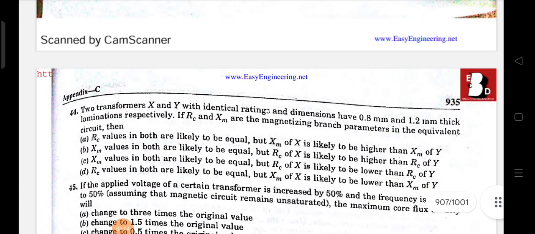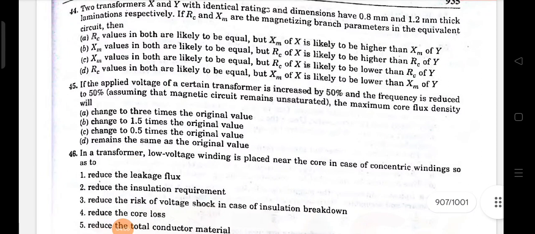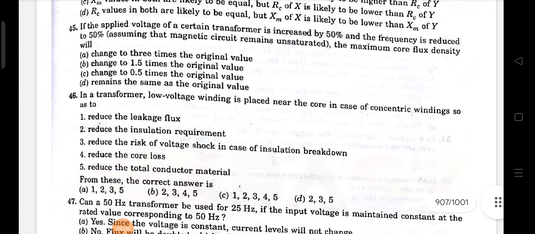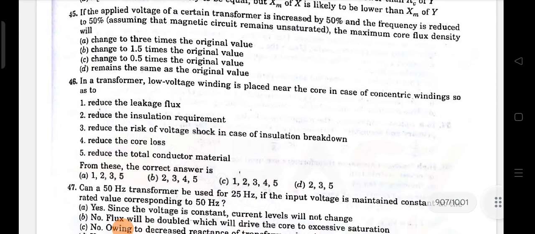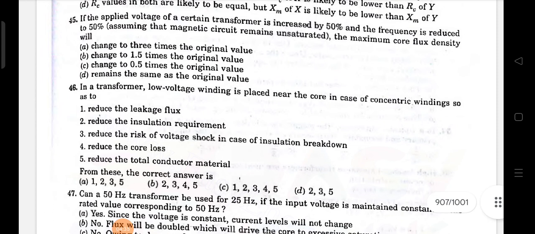Next, 44th question, direct theory question, you can read it. Next, 45th question. If the applied voltage of a certain transformer is increased by 50% and the frequency is reduced to 50%, assuming that the magnetic circuit remains unsaturated, then the maximum core flux density is... Already we know that B maximum is directly proportional to V by F. Now in this case the applied voltage is increased by 50%.